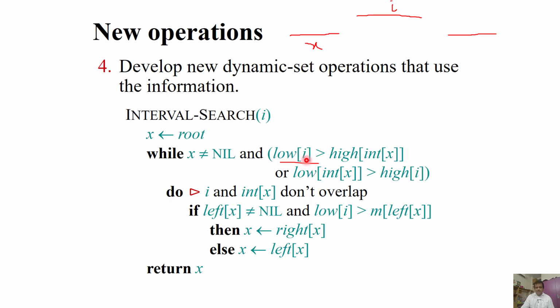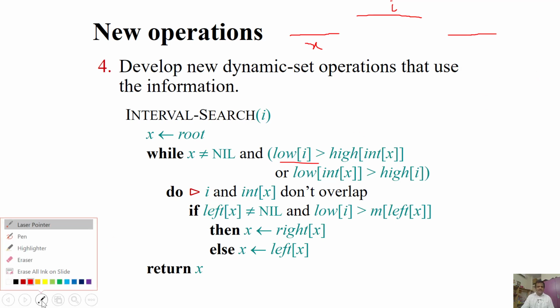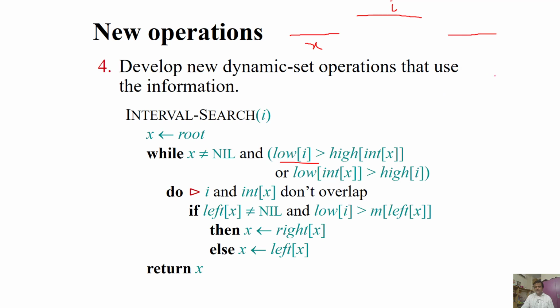Now, if x is not overlapping with I, then we have to go to the left of x or the right of x. So, this is our node x, which is the root. Then we have to go this way or this way. Now, when we go this way, we have some max value over here. This is m of left of x.